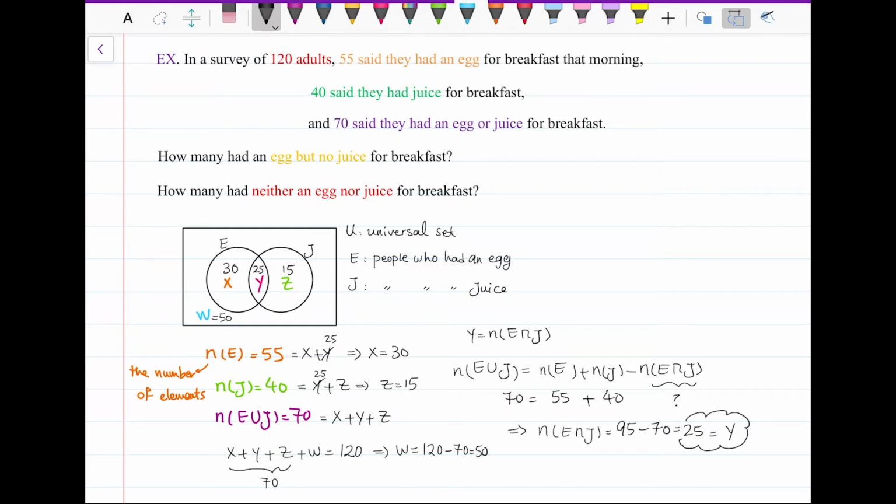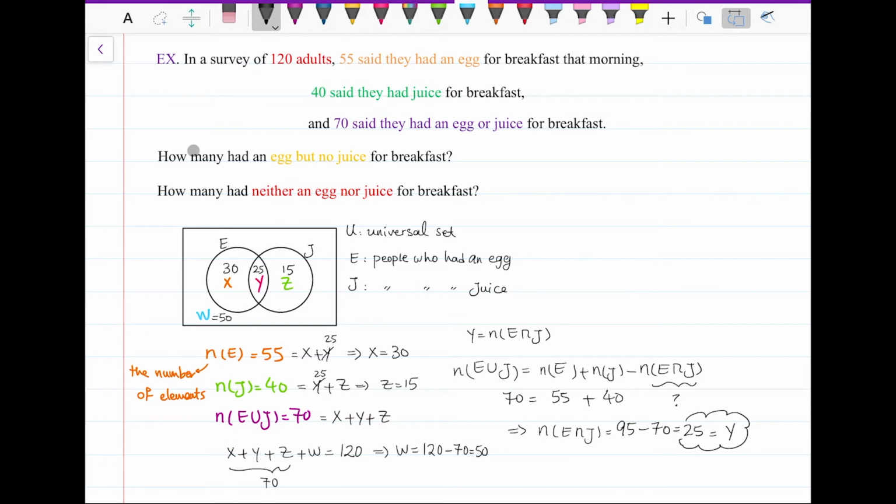If I want to interpret x, y, z, and w: x is just the number of people who had egg, nothing else, not juice. 25 people had egg and they had juice. 15 people just had juice, and 50 people didn't have anything. No egg and no juice, right?